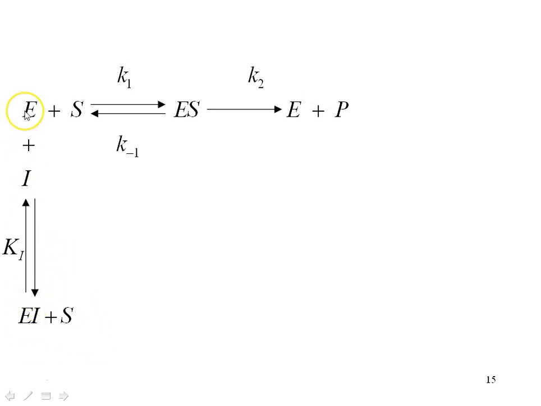Either the inhibitor binds the enzyme or the substrate binds the enzyme. So the competition is for the enzyme; substrate and inhibitor compete. If some of the enzyme is used in this route, less of it is available to go this route, and therefore it slows down the production of the products.